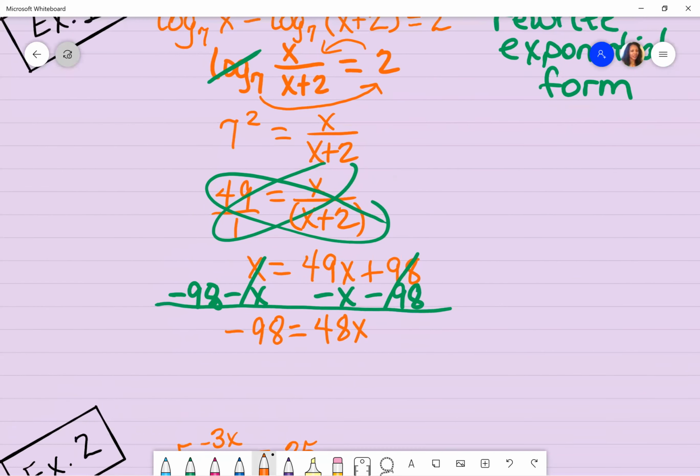So therefore, I am going to divide both sides by 48. Then I end up with x is equal to negative 98 over 48.